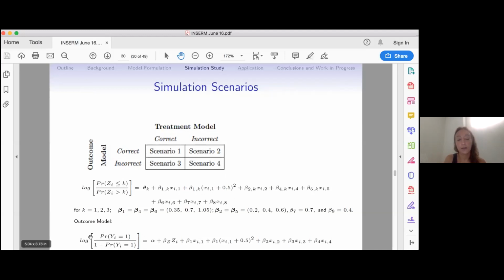Here for the outcome, it's just mortality. So I have a logistic regression, again, with a mismeasured confounder, okay? So when I have this squared term, I'm in the incorrect scenario. And when I don't have this squared term, I'm in the correct scenario. All the others are modeled correctly. Now, importantly, this is our biggest confounder, right?